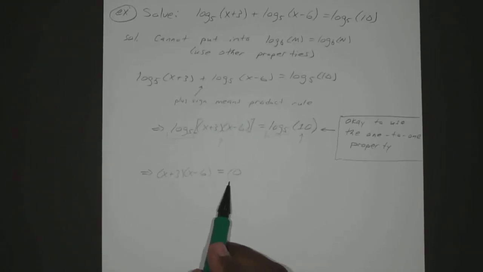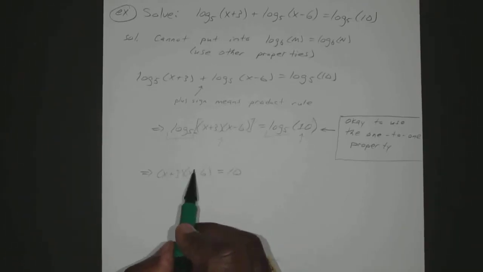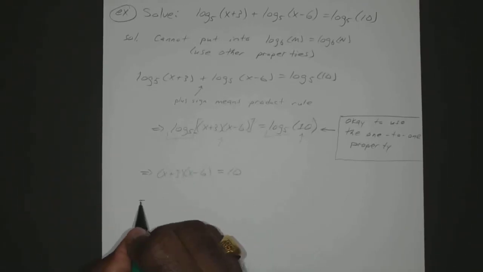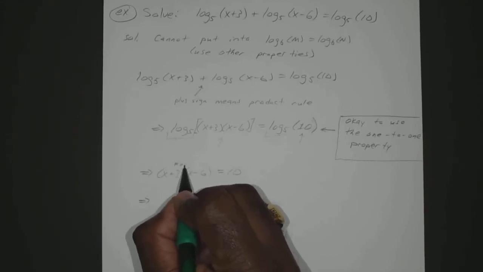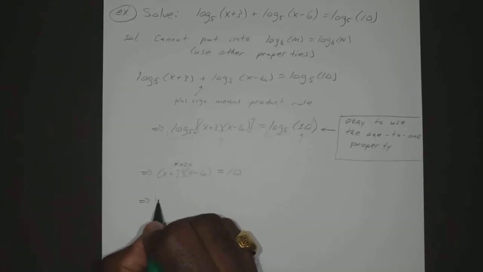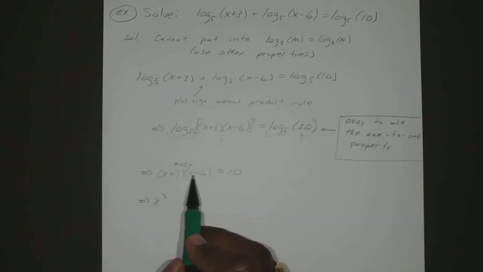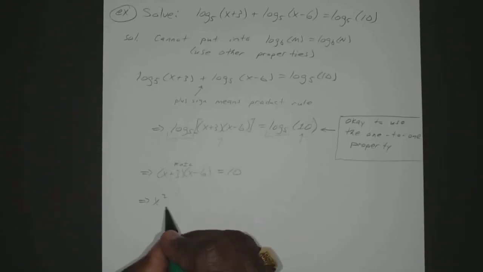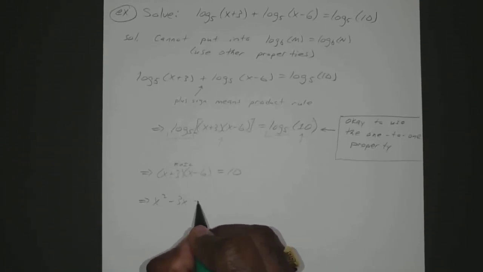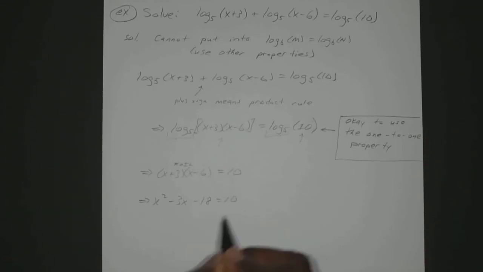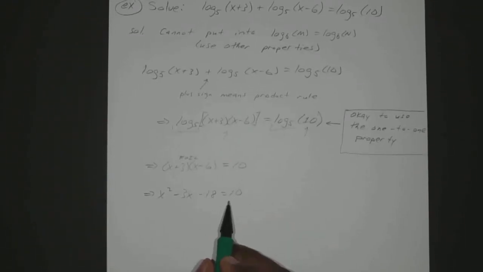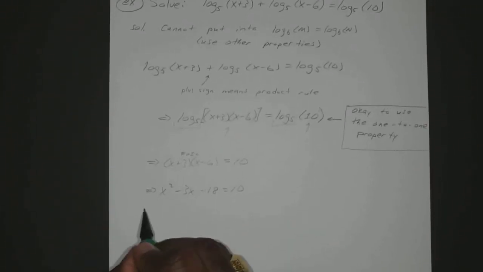Since this is not equal to 0, we have to go ahead and FOIL this out. So we have x squared minus 6 plus 3, so that's minus 3x, minus 18 equals 10. We subtract 10 on both sides.